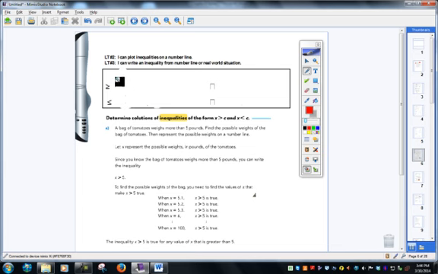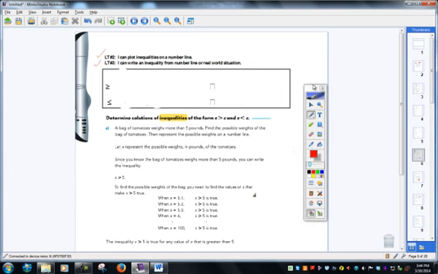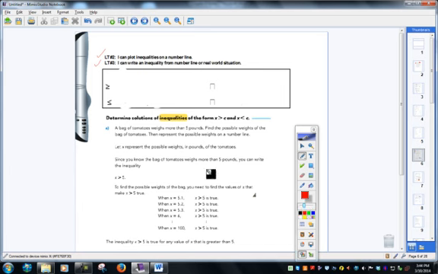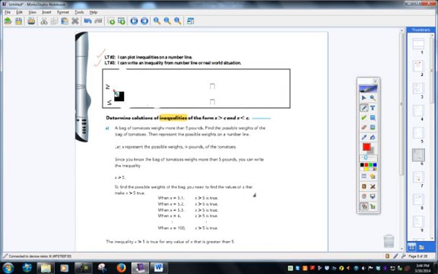These symbols, again, we're going to do Learning Target 2 and 3 together, so we'll hit both of those at one time, so that's why they're combined there. This one would mean greater than or equal to, and that's what it says on your paper.